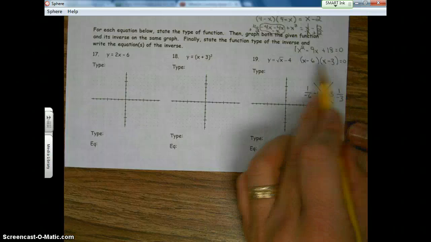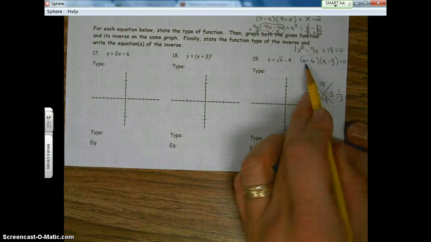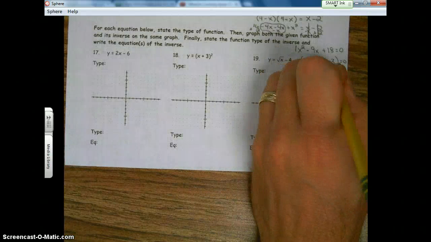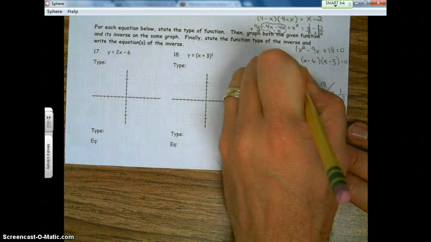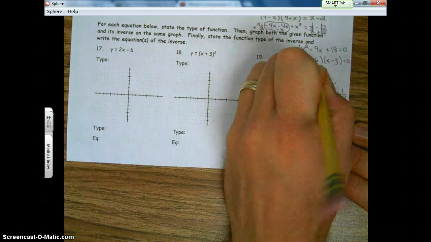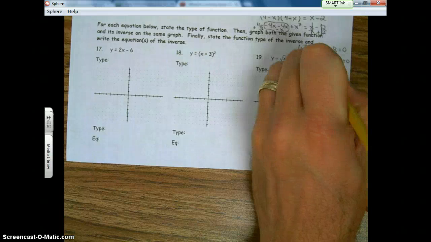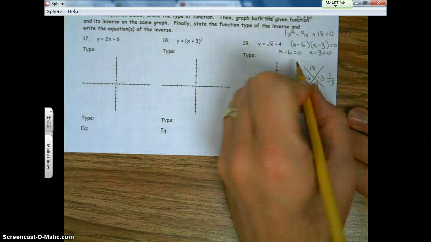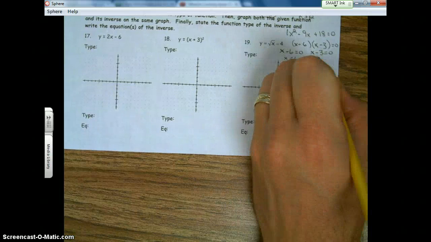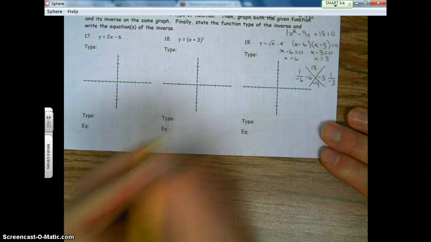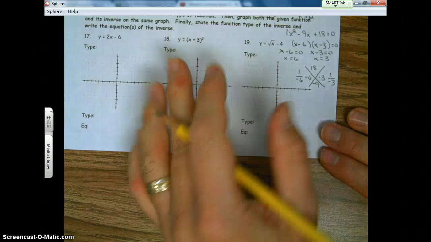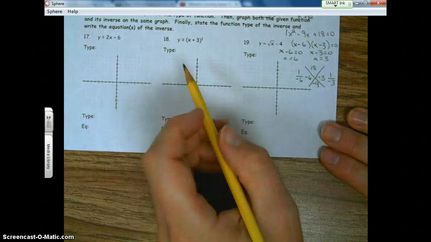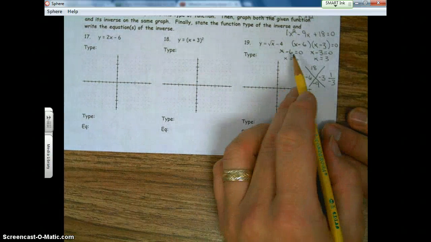Okay, remember we're solving, so we're trying to get x by itself. So we got to set each factor equal to 0. So x minus 6 equals 0, x minus 3 equals 0, x equals 6, x equals 3. Now, before we say yay, we need to check our answer.